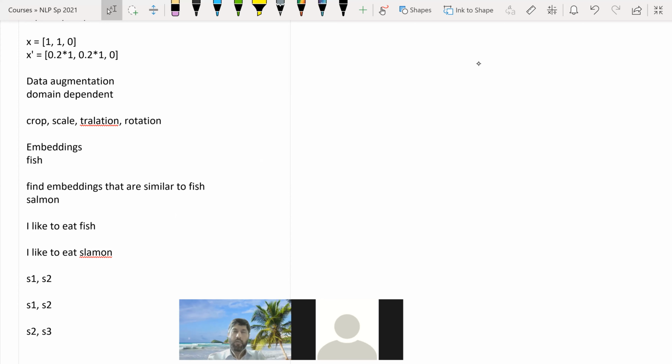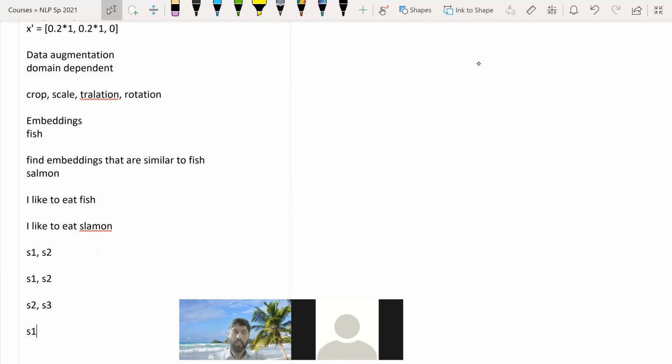From here, you can easily say that S1 is a paraphrase of S3, because S1 is a paraphrase of S2 and S2 is a paraphrase of S3, which implies that S1 is a paraphrase of S3. So with this kind of logic, and of course these logics are based on a graphical model of paraphrase and non-paraphrase, you can generate additional training examples with a high degree of reliability.